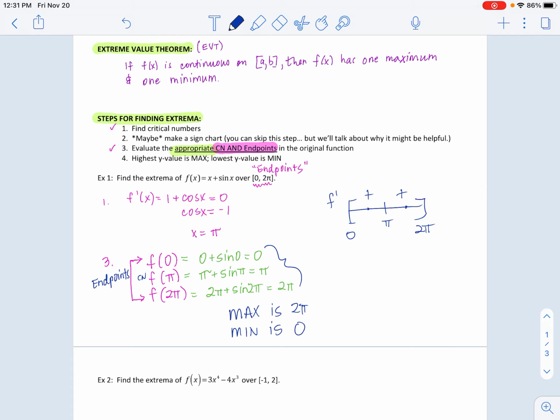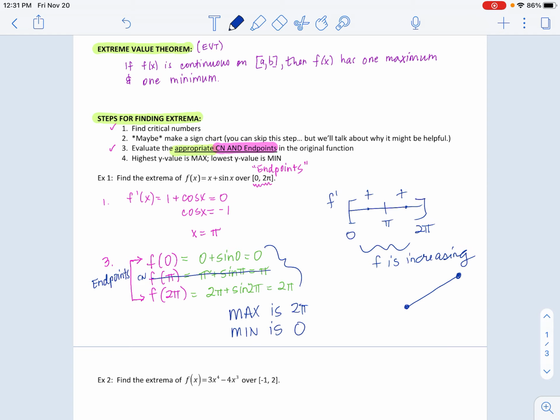This sign chart tells me that f is increasing the whole time. If it's going up and up, the first value at 0 is the low point, and the value at 2 pi is the high point. Plugging in pi was not necessary, because it's not even going to yield a maximum of any sort.